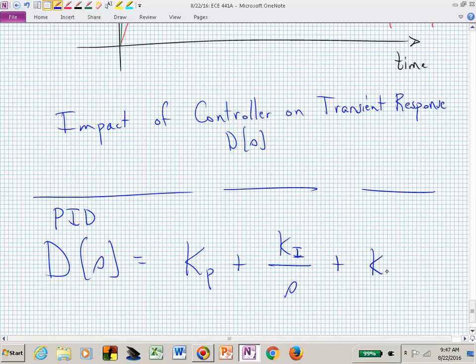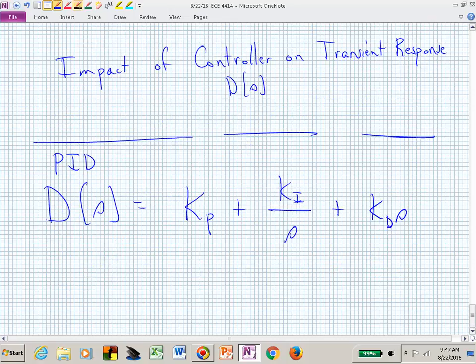And in terms of a piece, it's now K sub D times S. Now, you don't want to introduce a pure derivative, and so practically you would probably put this over some really fast pole where P is really big. But effectively, you now have this PID controller.